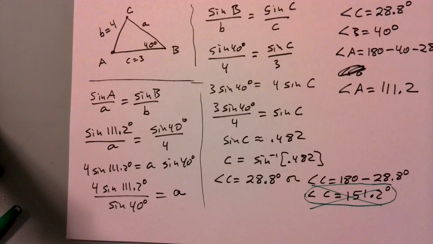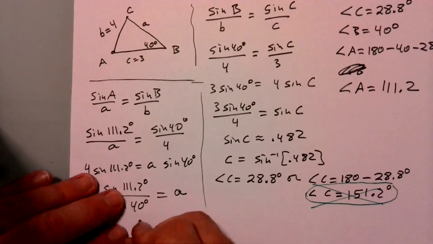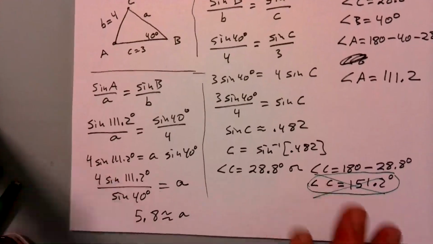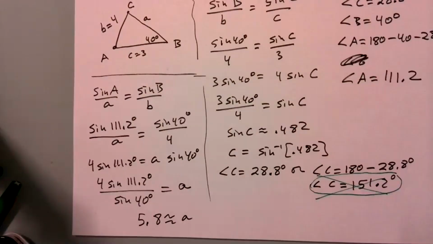And I'm checking to see if that's what is on my sheet here. And it doesn't appear that they've actually done that, but I have. So a is approximately 5.8. So we've got all 6 pieces, little a, little b, little c, angle B, angle C, angle A. We have solved the triangle.